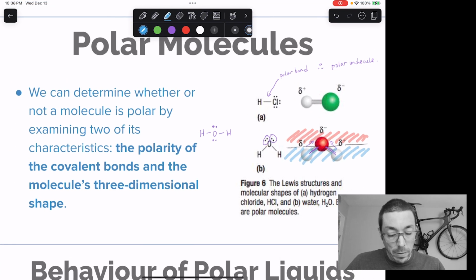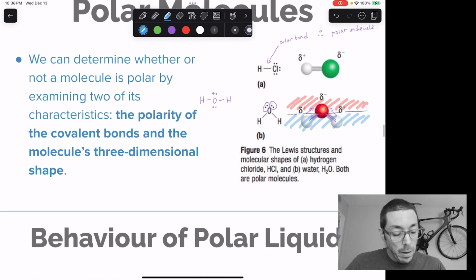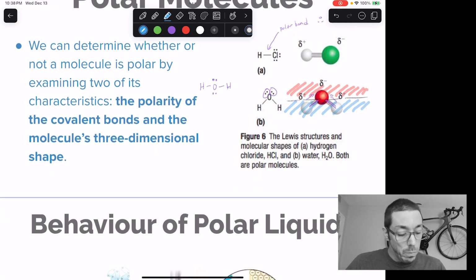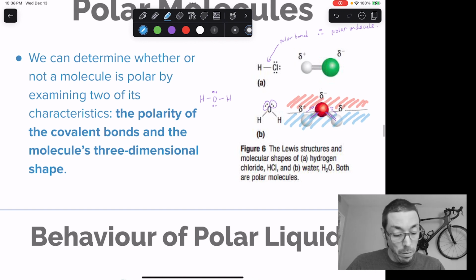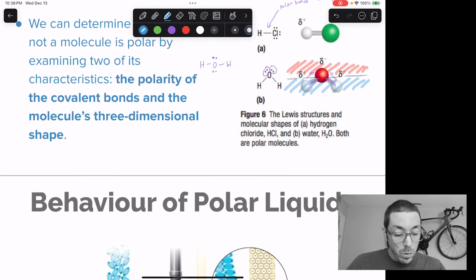So we do have to consider the 3D shape of molecules when we analyze them to see if they're polar or not. You may have tried this at home.